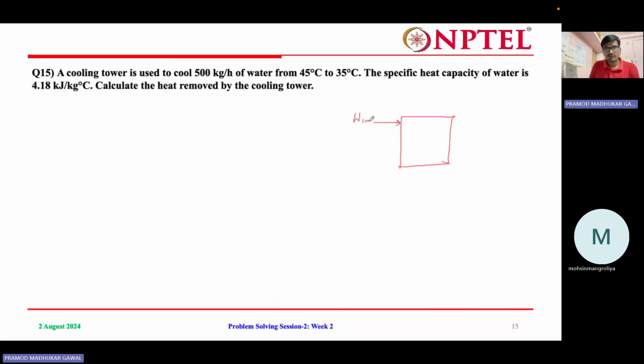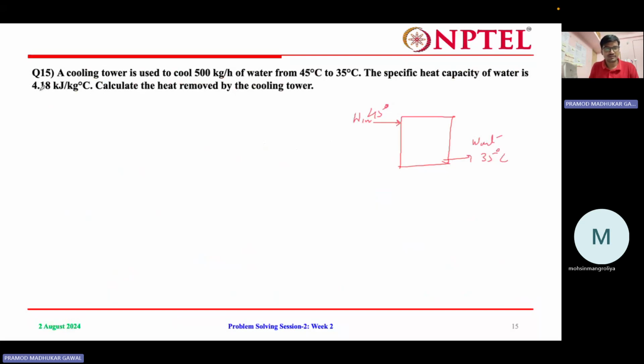W in, W denotes water, at 45 degrees Celsius and W out at 35 degrees Celsius. So after cooling, how much heat is removed from the cooling tower? That's what is asked in this question.